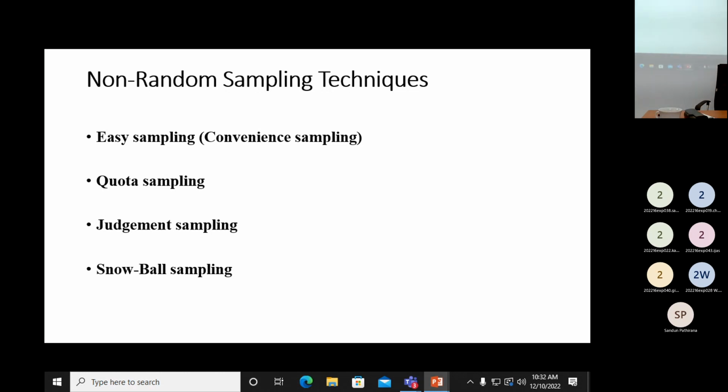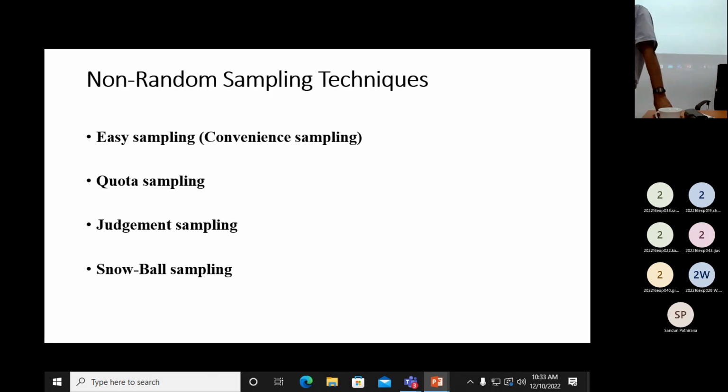Second advantage: in the studies of illegal activities, this method should be applied.